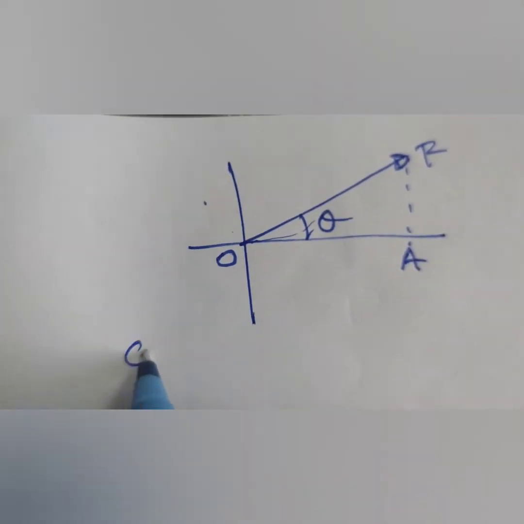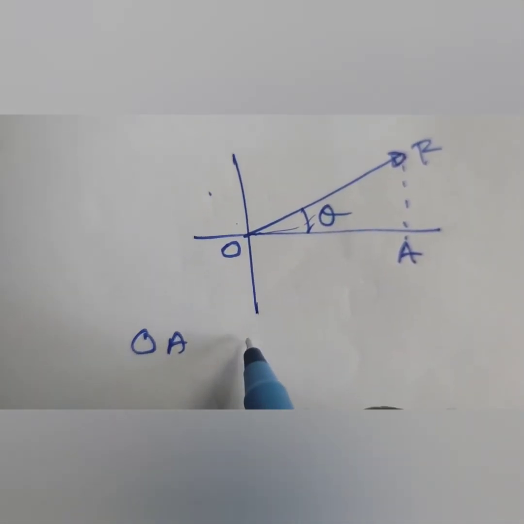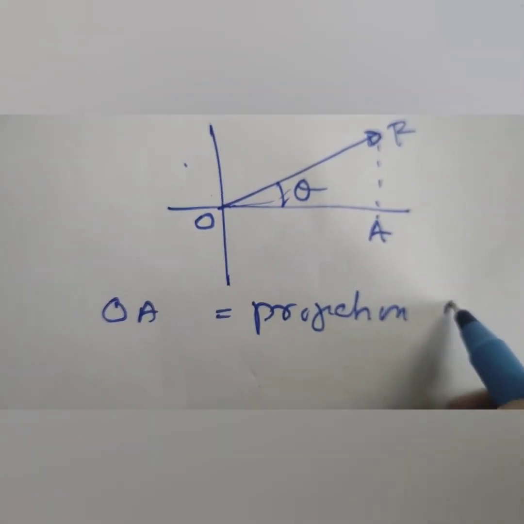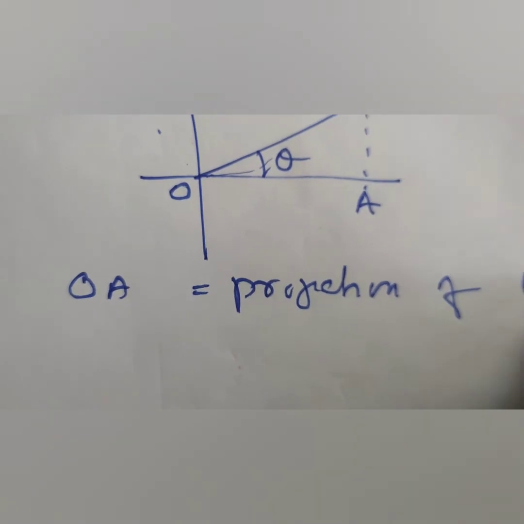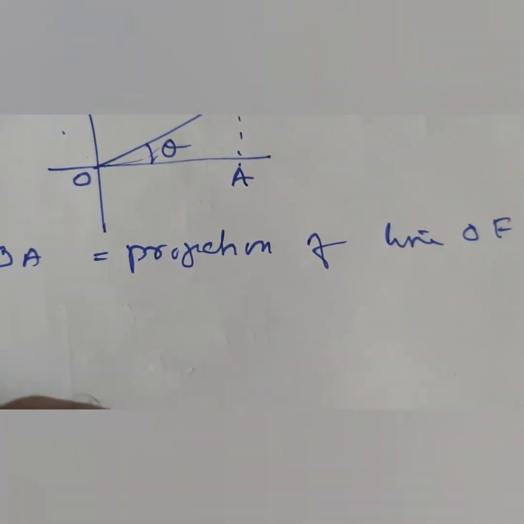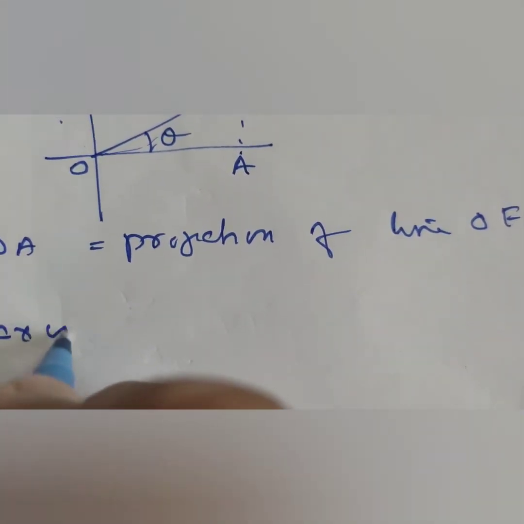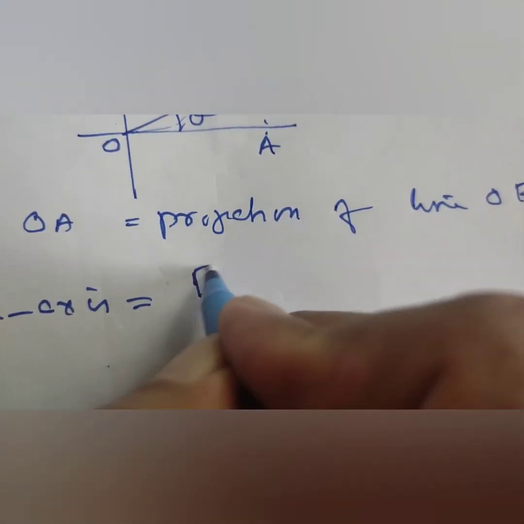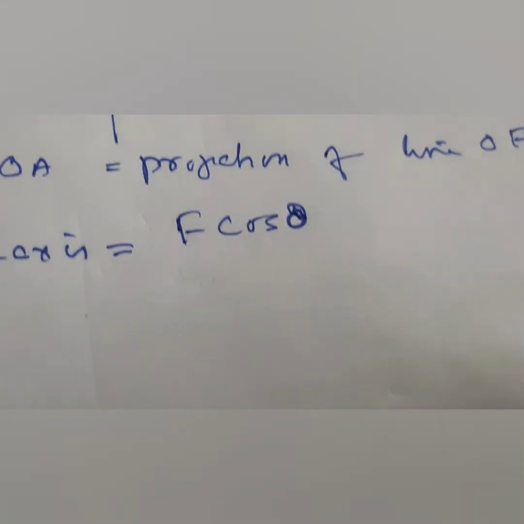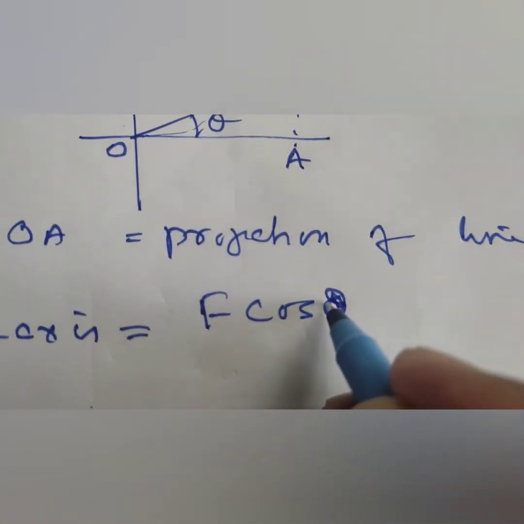Then OA is called the projection of line OF on the x-axis, that is equal to F cos theta.